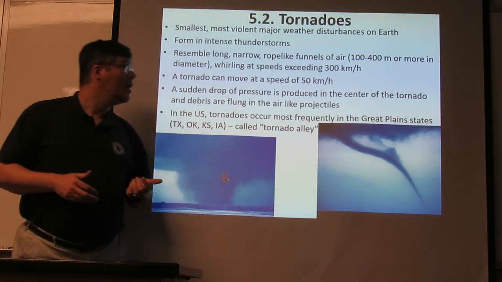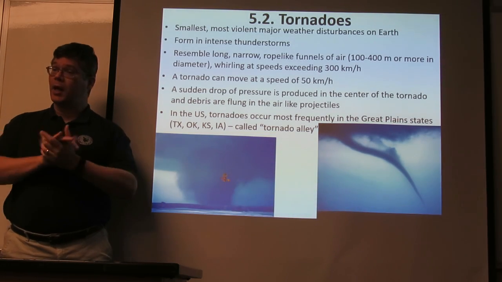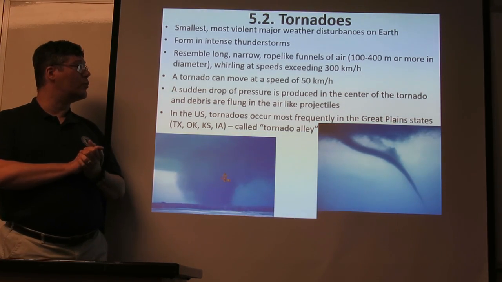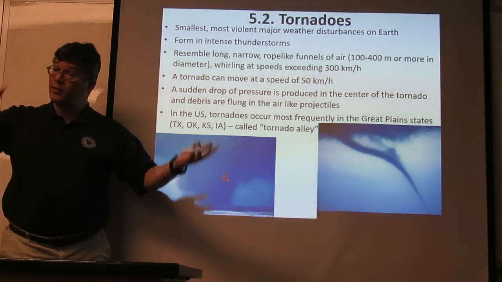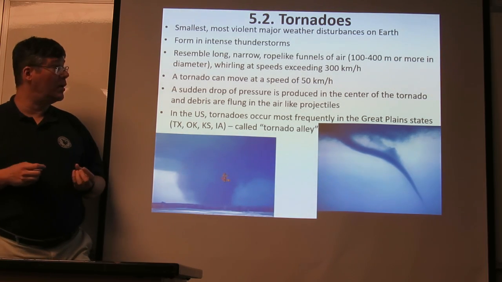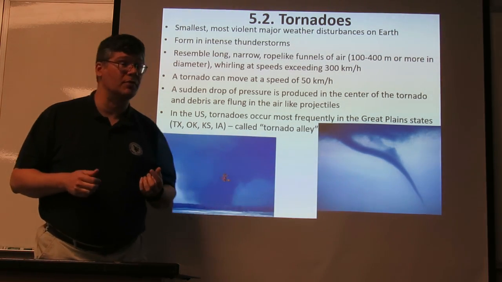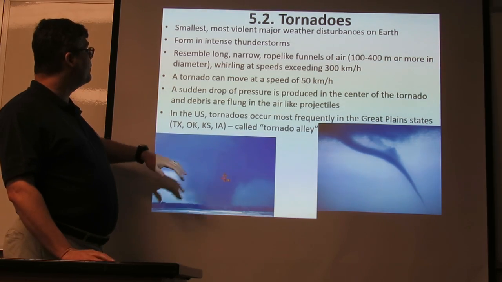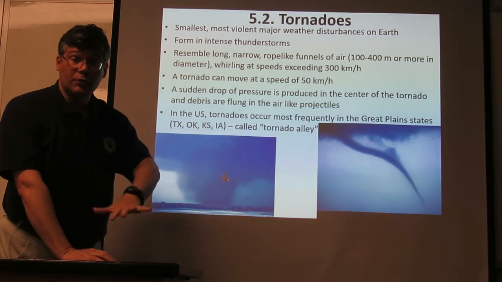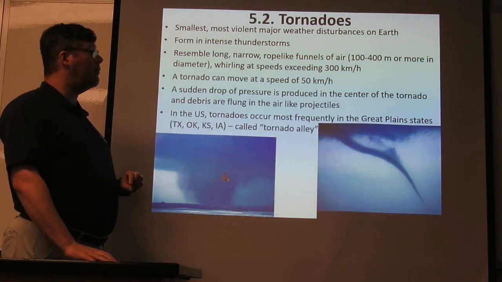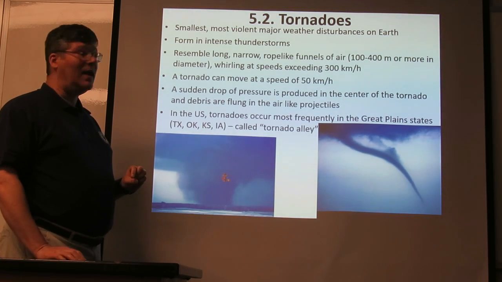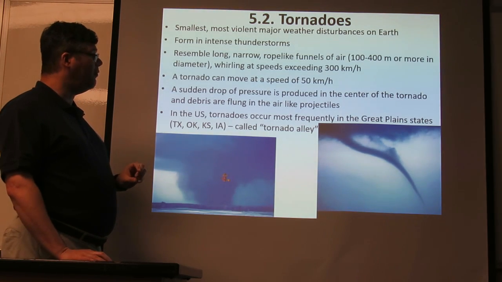Funnel-like pattern. They can be 100 meters, 400 meters or more across, and the winds are blowing very fast, over 300 kilometers an hour at least. Across the ground, a tornado may be moving at 50 kilometers per hour or more. You can potentially sprint that fast.